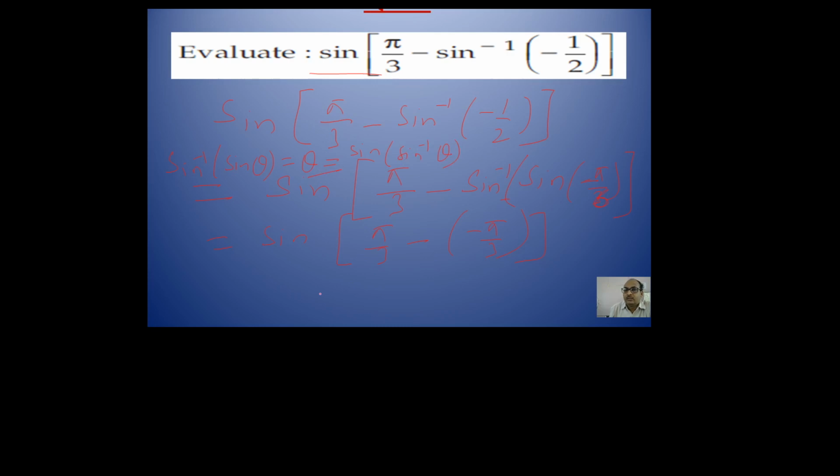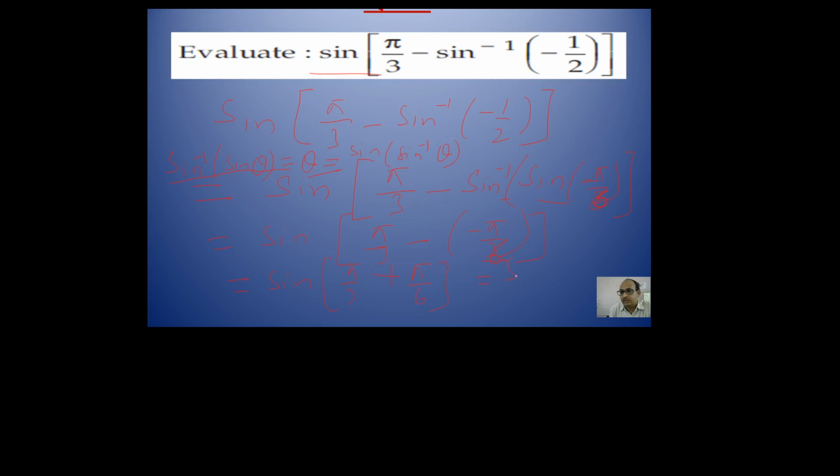So by utilizing this formula, we have got minus pi by 6 here. So we have sin pi by 3, and because pi by 6 is there, so pi by 3 plus pi by 6.